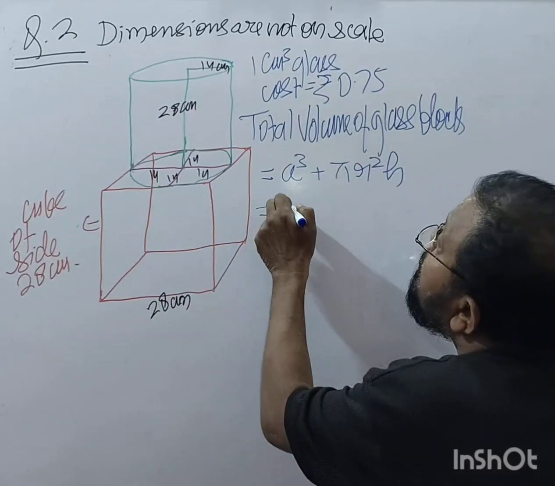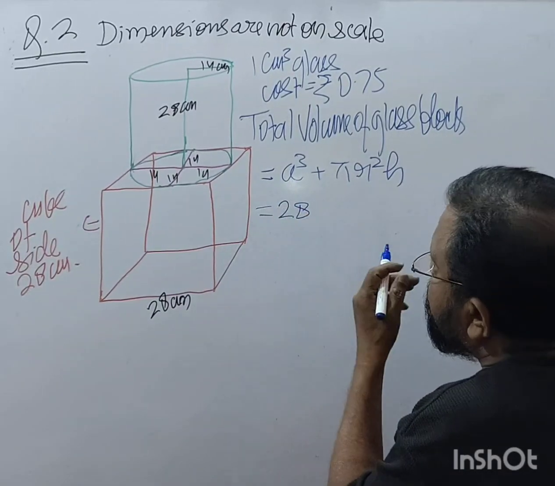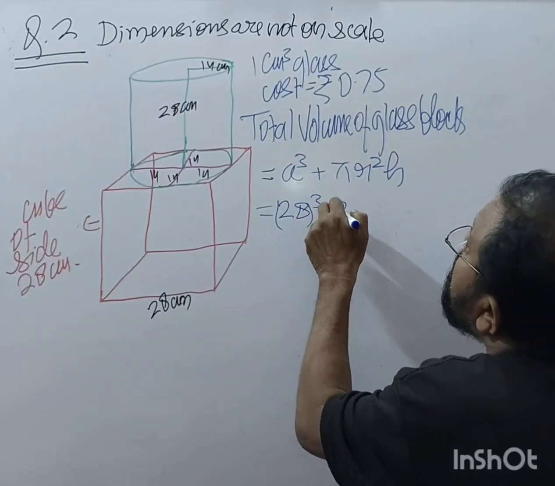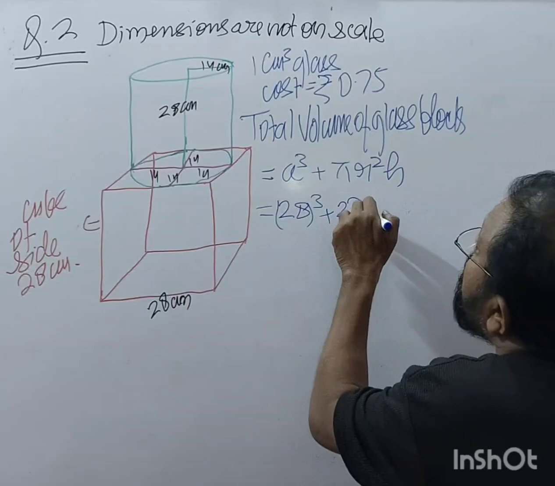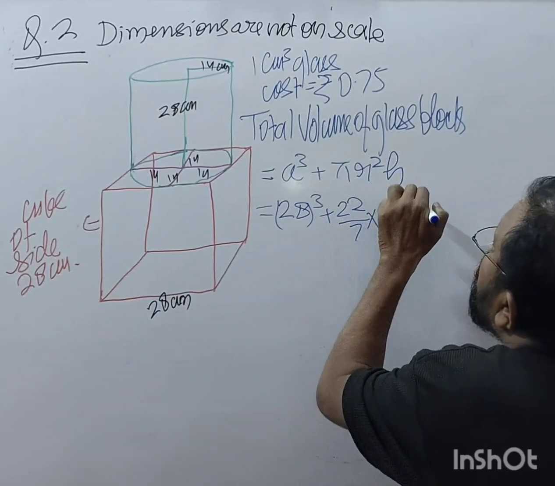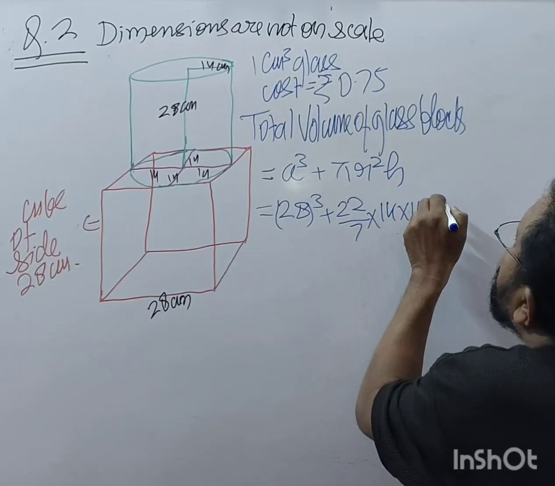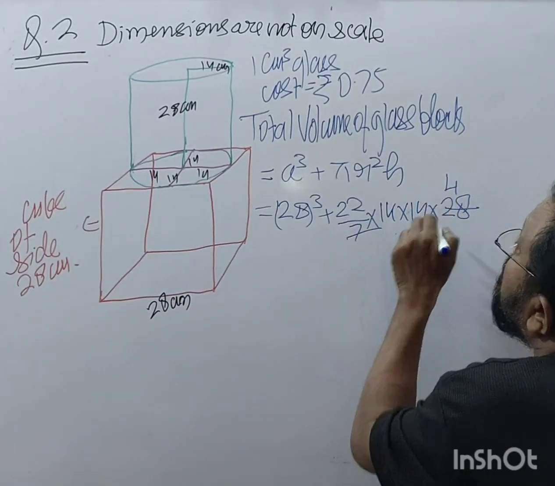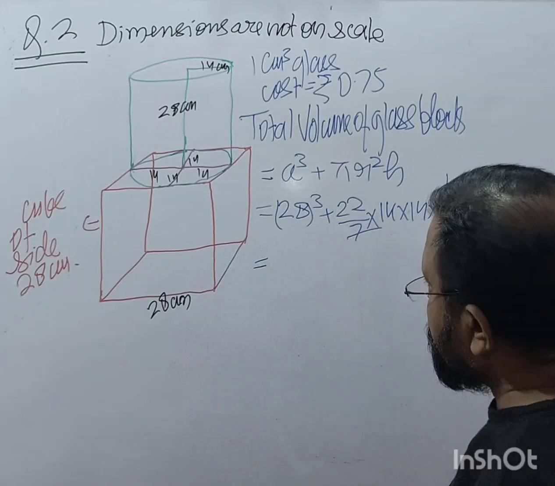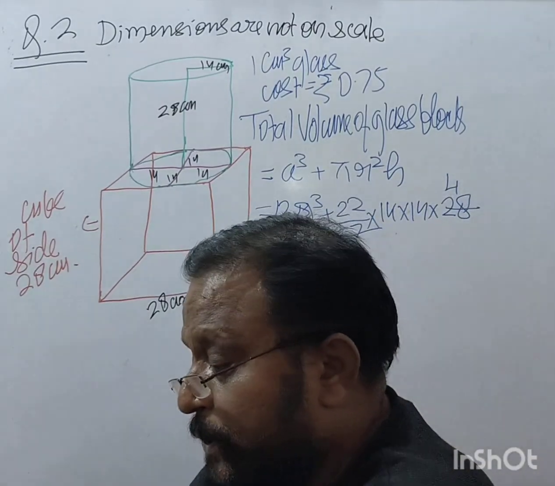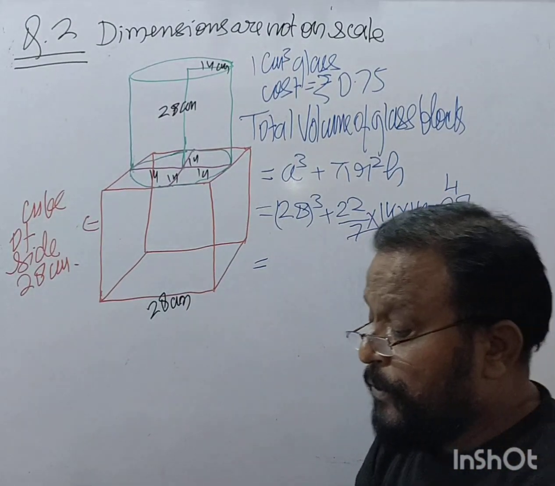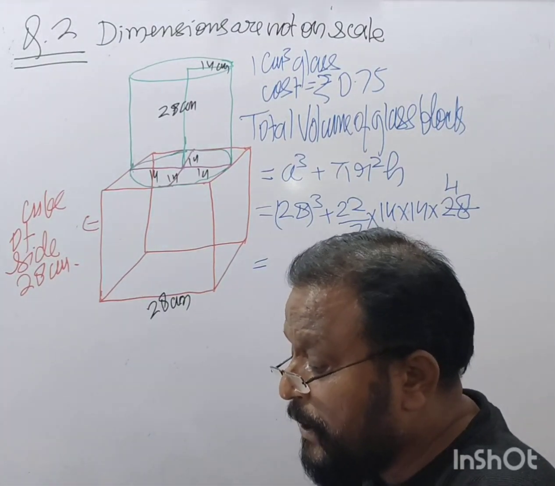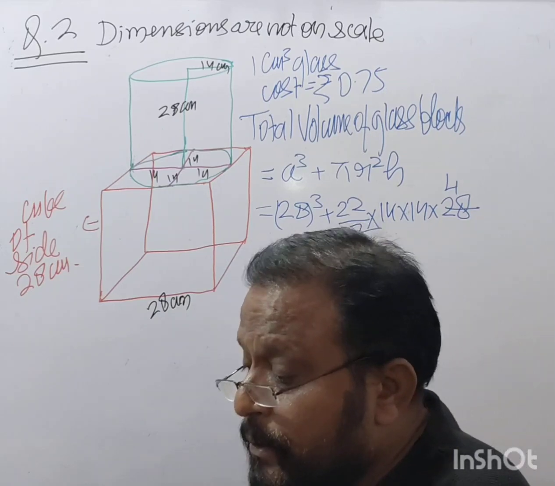So a is 28, whole cube, plus 22 upon 7 into 14 into 14 into 28. Now it is 4, right? And what is the cube of 28? 28 into 28 into 28.